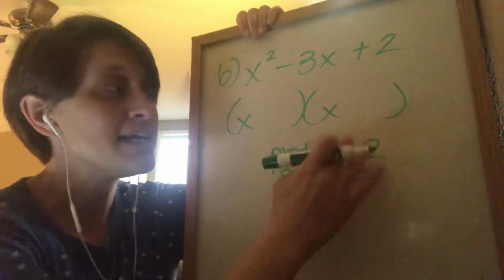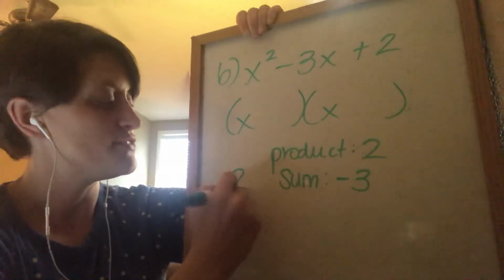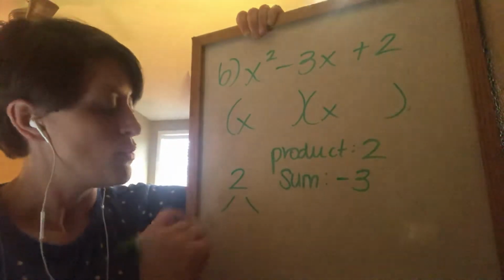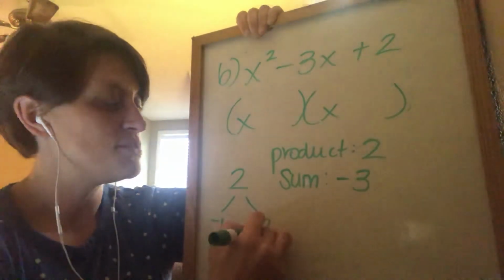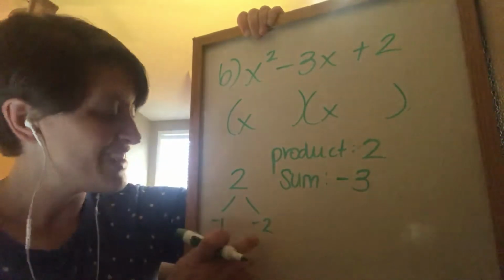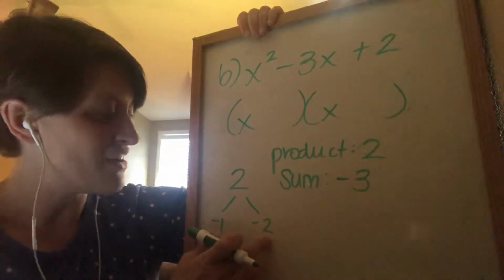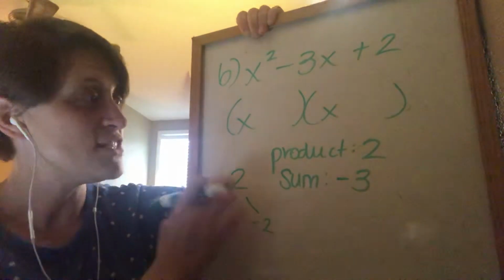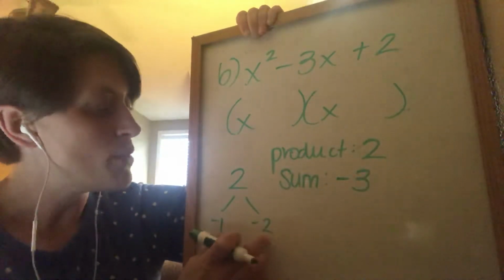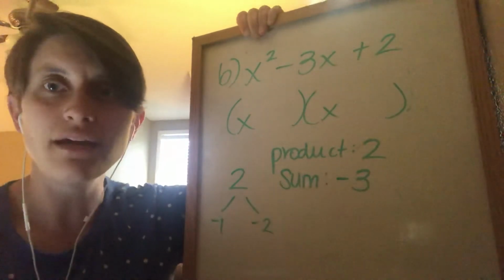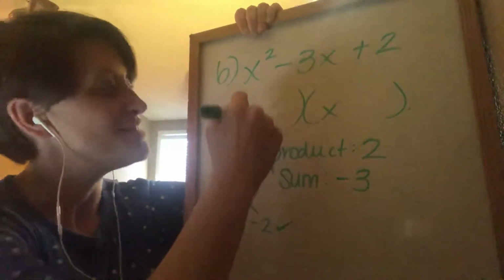So we're only going to consider negative factors of 2. That's not very hard because 2 is a prime number. The negative factors of 2 are negative 1 and negative 2. They certainly have a product of 2. When we add them, do we get negative 3? Yes.